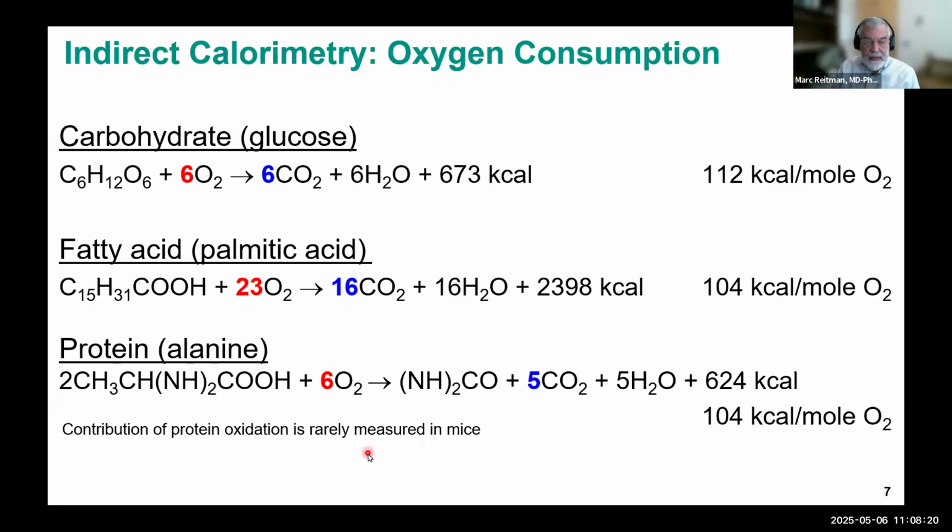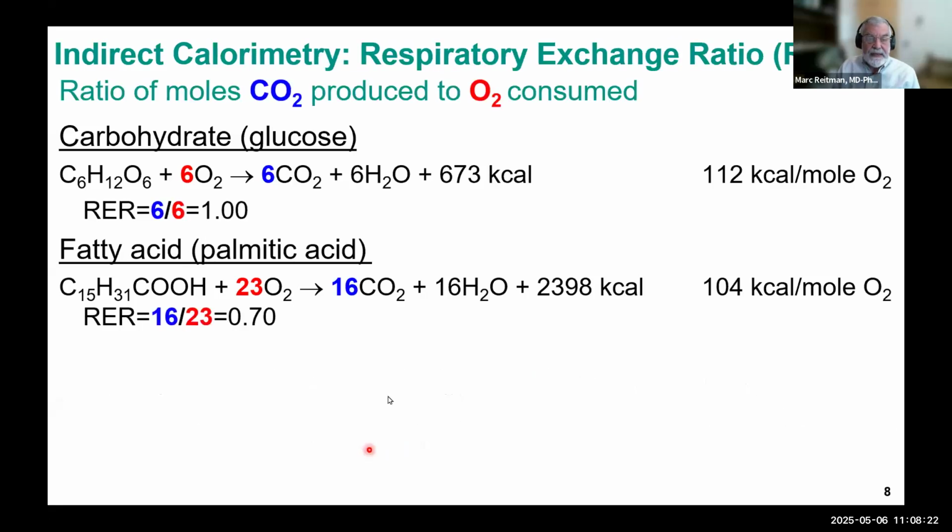There's more information that you get from indirect calorimetry by focusing not just on the O2 consumed, but the CO2 produced. And you see that you get the respiratory exchange ratio, meaning 6 moles of O2 are consumed per mole of glucose, producing 6 moles of CO2 for an RER of 1.